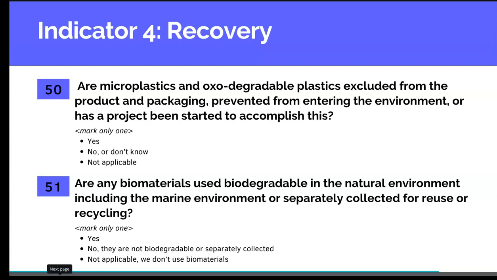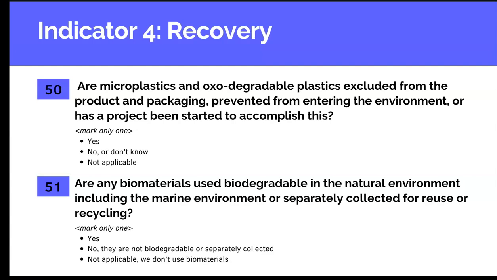Question 51 is concerned with whether any biomaterials that are used in the product are biodegradable in the natural environment, essentially highlighting that untreated biomass is easily degradable in nature and will decompose. But most of the other biodegradable materials, such as bioplastics, can be decomposed in industrial composting processes, and some not even then.